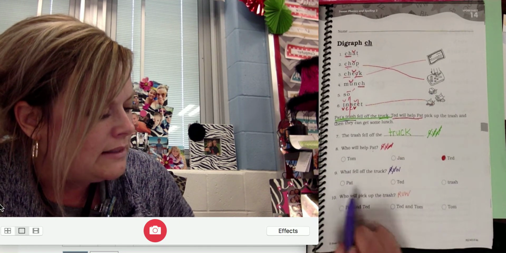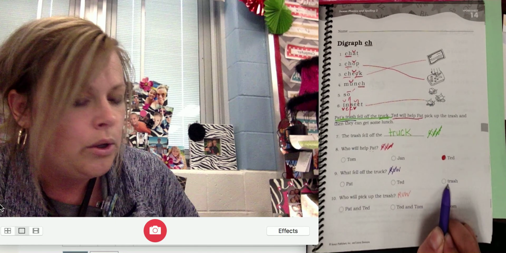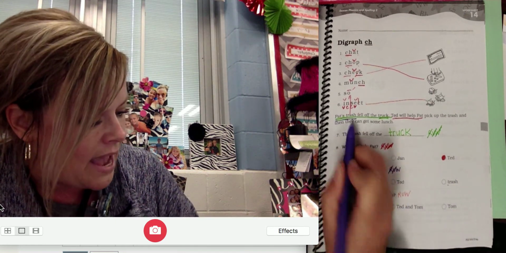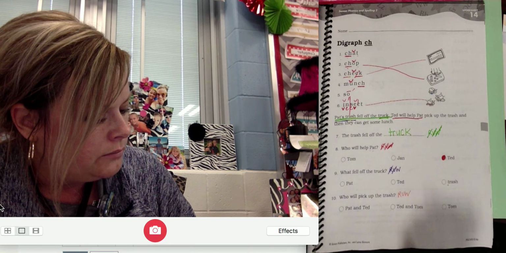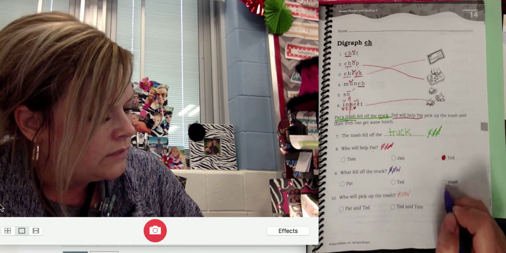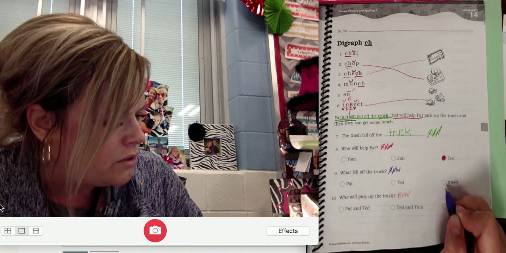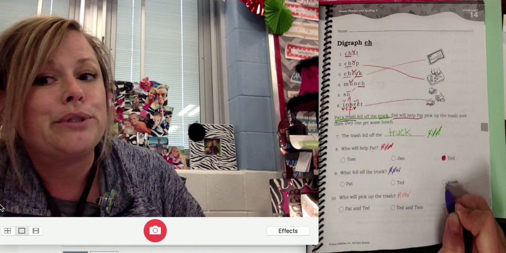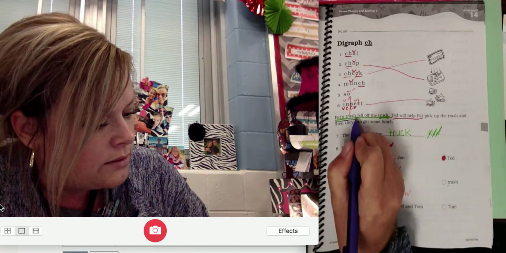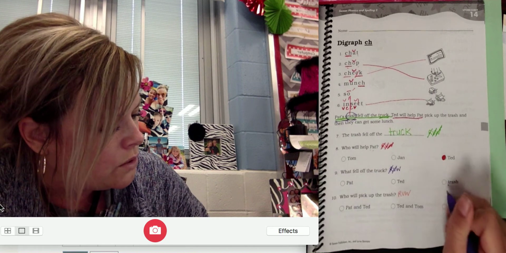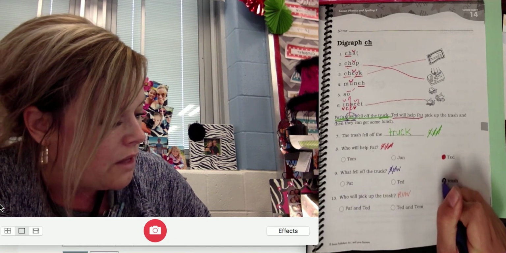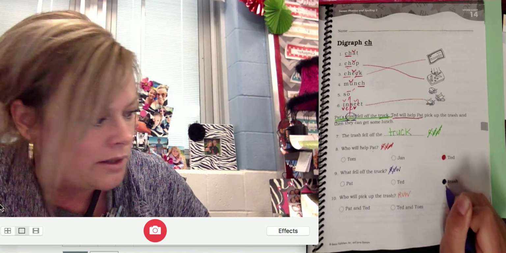Here's Pat, Ted, and trash. We underline Pat's trash. It's not Pat. Pat didn't fall off the truck. It was her trash that fell off the truck. So I might even circle that word so I don't get confused. The trash actually fell off the truck. Thank goodness Pat didn't fall off the truck.